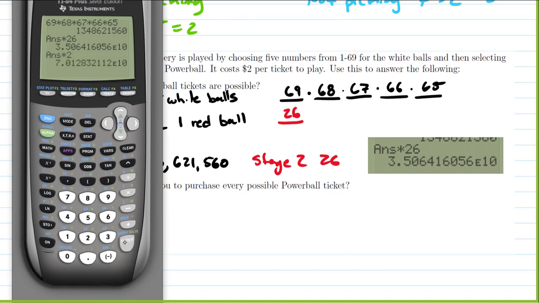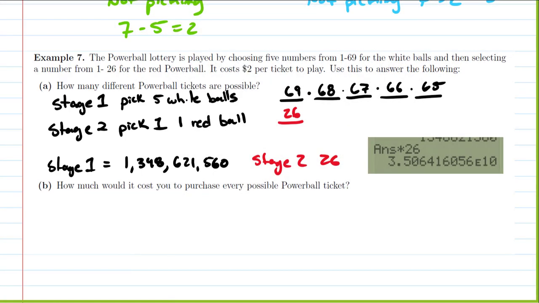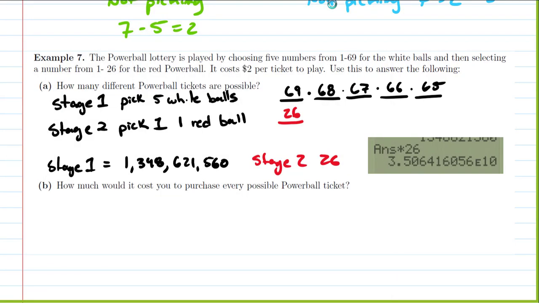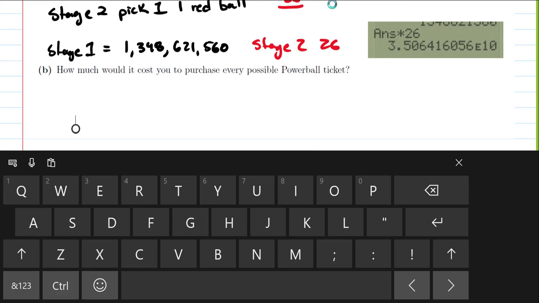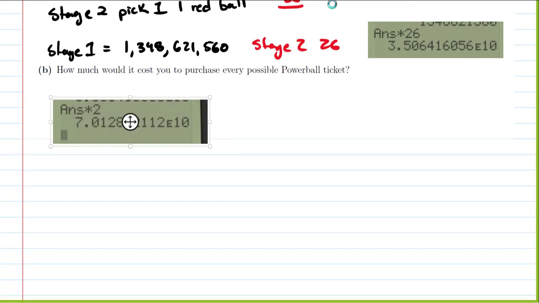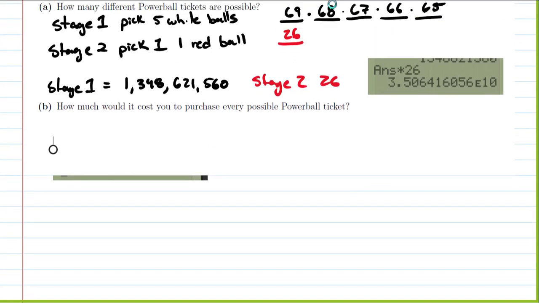It would cost you around $70 billion to buy every possible Powerball ticket. Well, that would explain why it is not a good idea to try to buy all the lottery tickets.